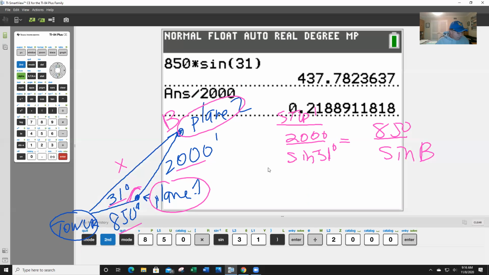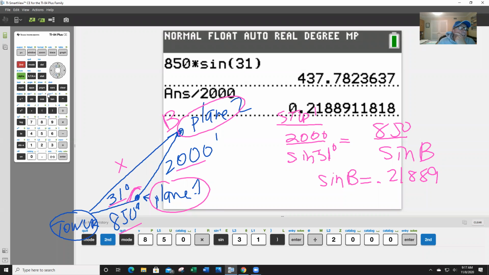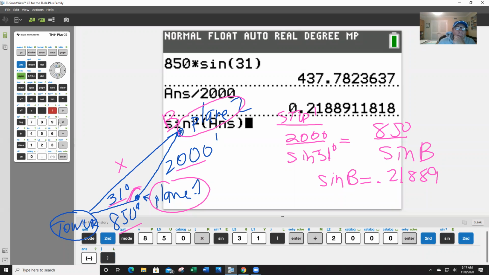What that means is, and I'm going to go back to writing on the screen here, we got the sine of B equaling this decimal, .21889. I'm going to do the inverse of this. So I'm going to go second sine of the answer, which is down here, second sine of the answer, close parentheses. And it's going to give me the degrees. It's about 12.6.